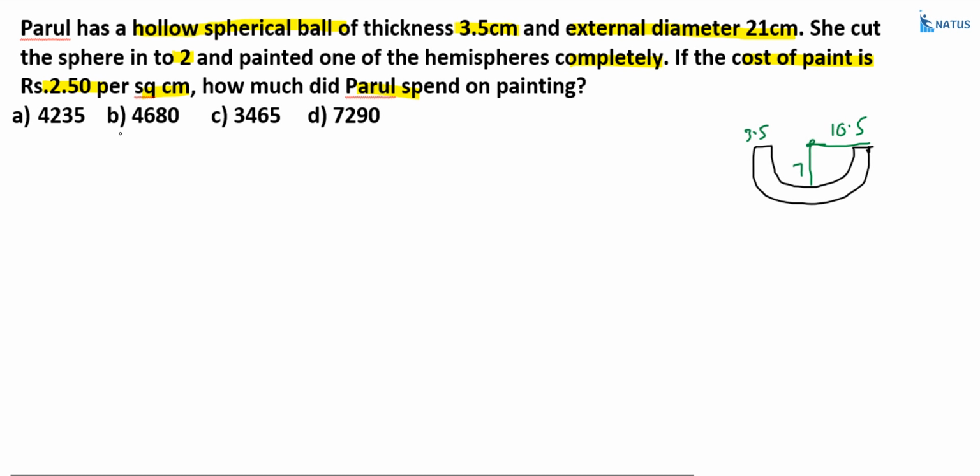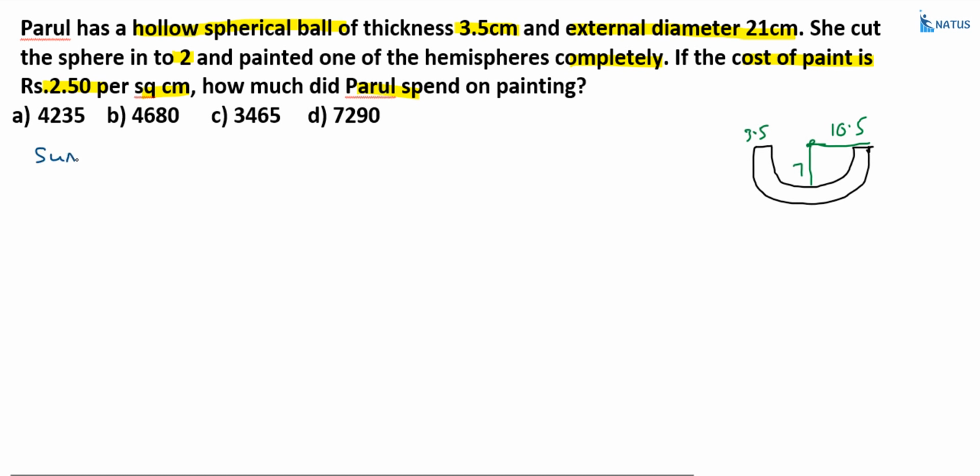Now, what is the surface area of the hemisphere? The surface area of a sphere is equal to 4 pi r square. The hemisphere is half of the sphere, so that is 3 pi r square.